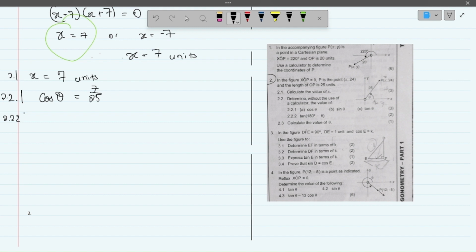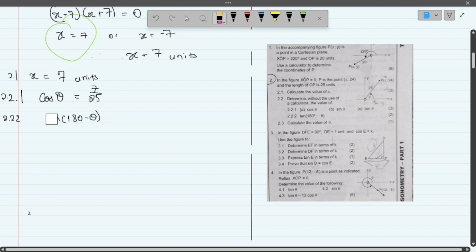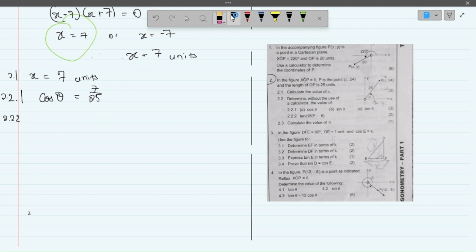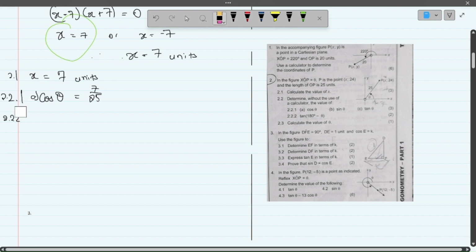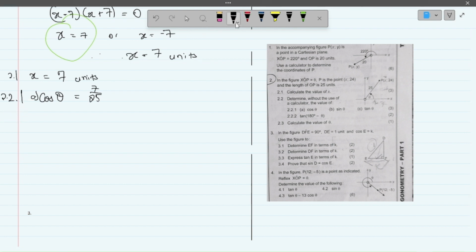2.2.2. It says you should find what? Tan of 180 minus an angle. Number B, that is A. So this is A. And then B of this question says we should find what?